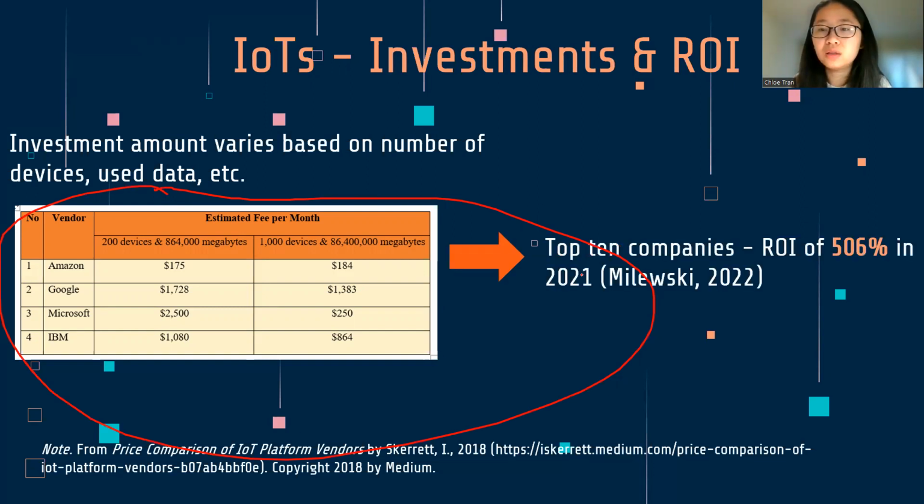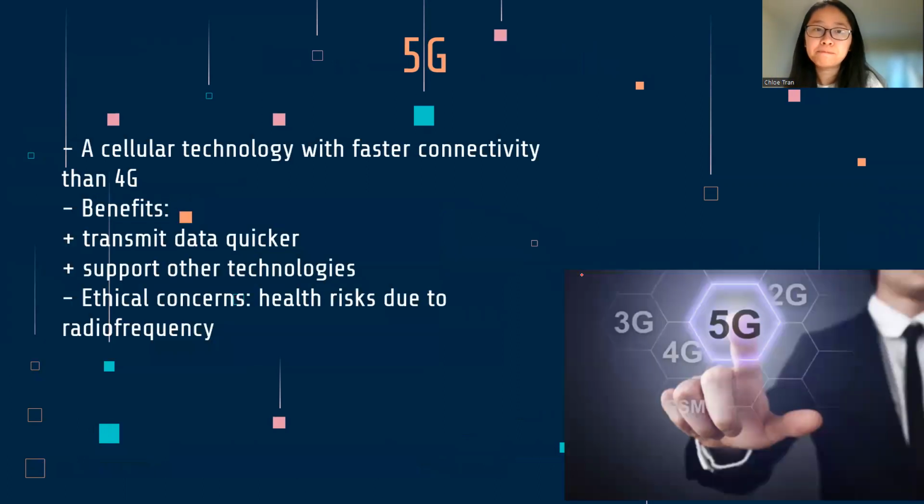For the ROI, because IoT can streamline the data, it can easily increase the return on investment, because every function can access the same source of data and the data is more transparent. It can reduce a lot of communication conflict and data conflict.